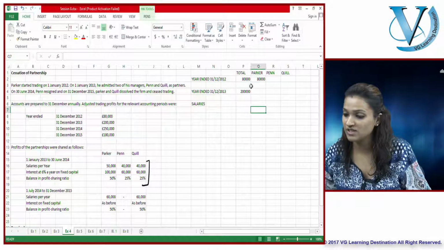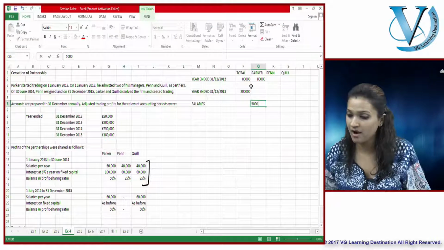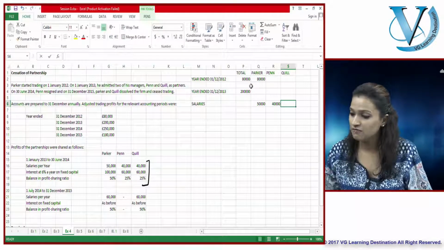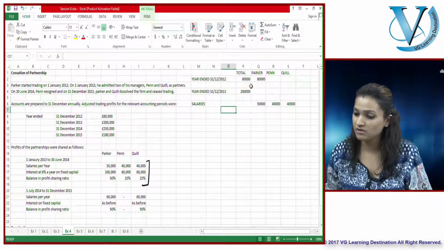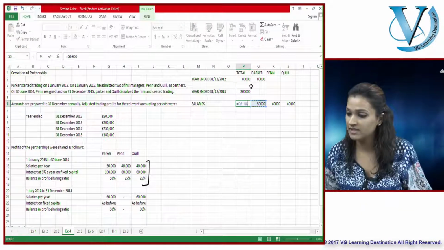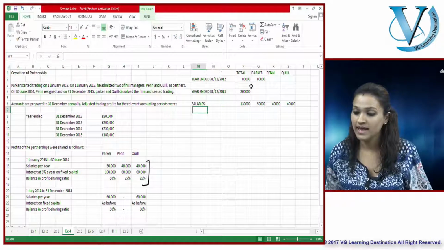Salary per annum is 50,000 for Parker, 40,000 for Pen and 40,000 for Quill. Total salary given is 130,000 pounds.